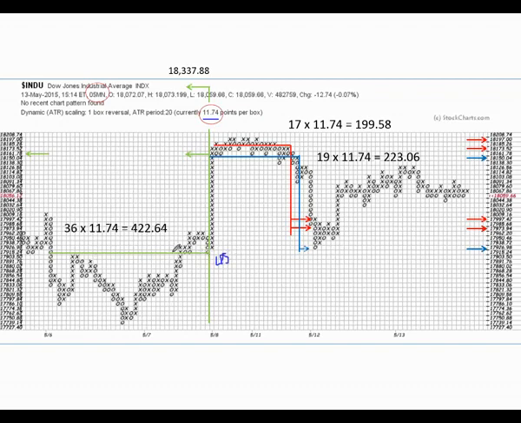We have 36 columns, and we multiply those. This is 1 box reversal, so we multiply 36 times the 1 box scaling, 11.74, and this gives us a count of 422 points. So even though we're working with 5-minute data, we still get a robust 422 point move in the Dow from this data.